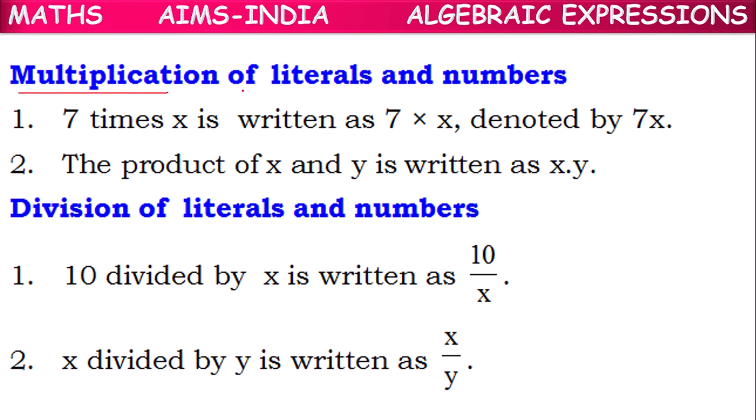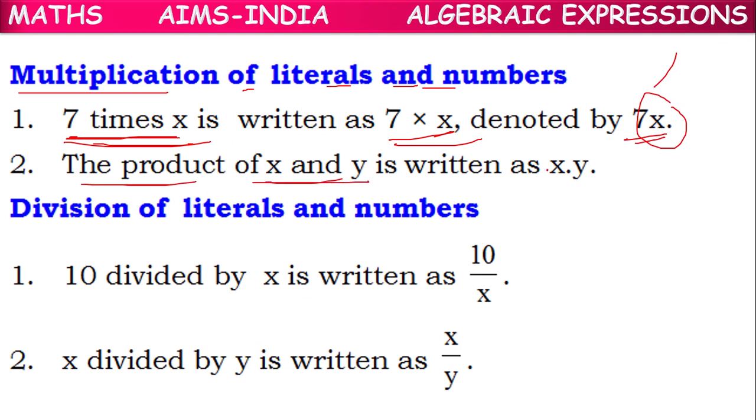So multiplication of literals and numbers. So 7 times x is written as 7 into x, which is denoted by 7x. The product of x and y is written as xy. X dot y indirectly means x into y, or we can write as xy.